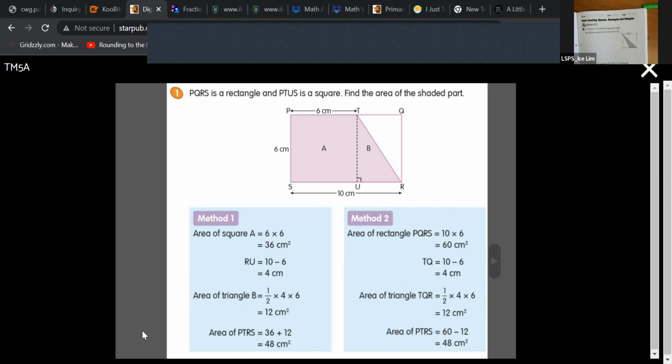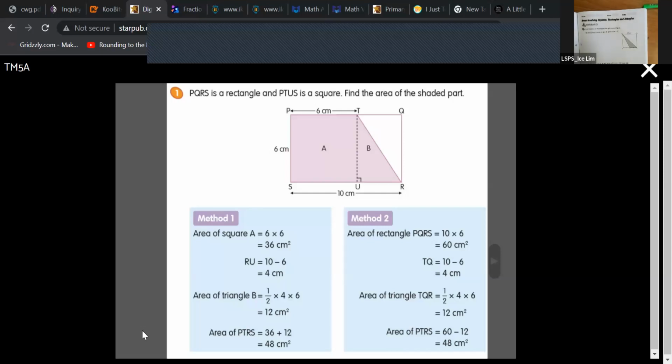Okay, here says, question 1, PQRS is a rectangle, PTUS is a square. And then find the area of the shaded part.